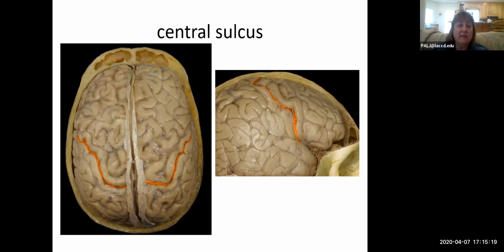There is a sulcus that travels almost all the way down to that lateral fissure, and it starts more posteriorly and then works in an anterior direction. So on a lateral view of the brain, here it is starting, and then it meanders and makes its way down to where that lateral fissure is. So this is an important dividing line between the first two lobes of the brain we're going to talk about.